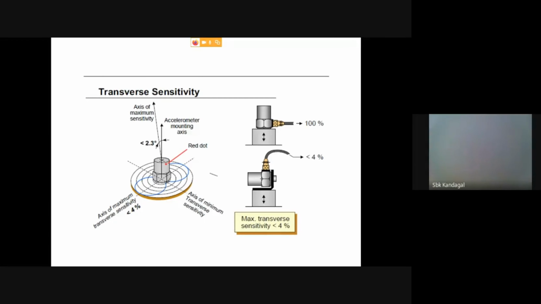Some accelerometers have a transverse sensitivity, because the piezo crystal is a continuous material. The maximum transverse sensitivity should be less than 4%. You can ensure that, and if at all you get some signals across the transverse direction, you can compare with the 100% signal from the uniaxial direction in which you are doing the experimentation.